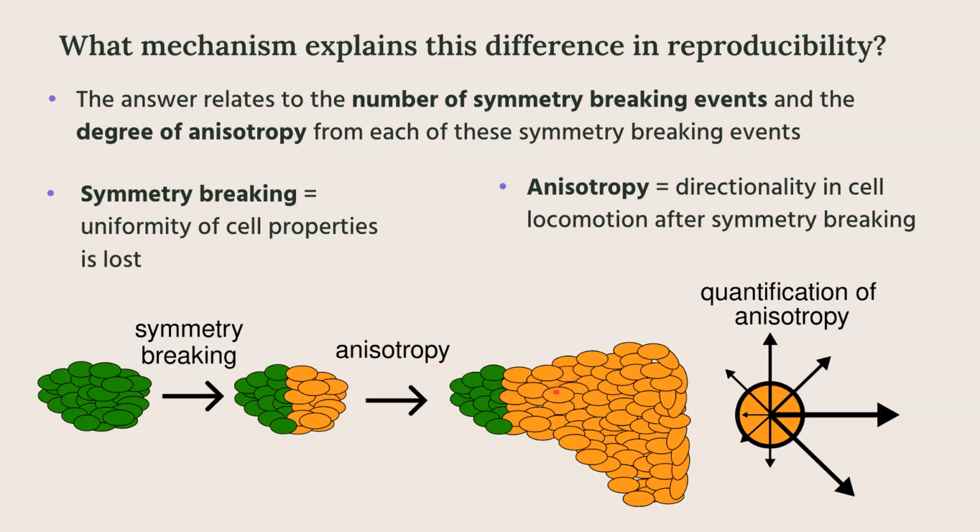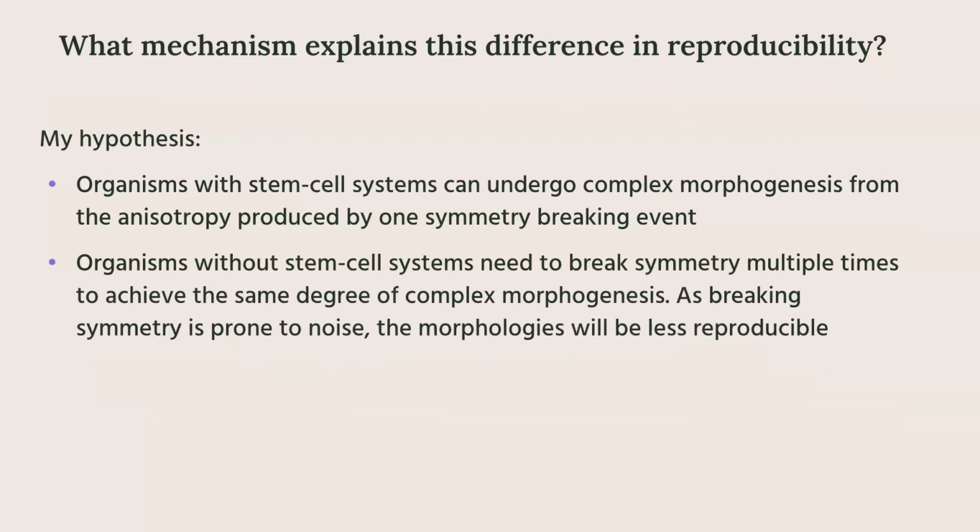So let's say these orange cells move and grow in a certain direction, whereas the green cells don't. There's clearly anisotropy to how these orange cells are moving, as opposed to isotropy, which means they're all moving in the same direction. So these orange cells are clearly moving with a certain direction in this schematic I'm showing you here. And that anisotropy is something we can quantify.